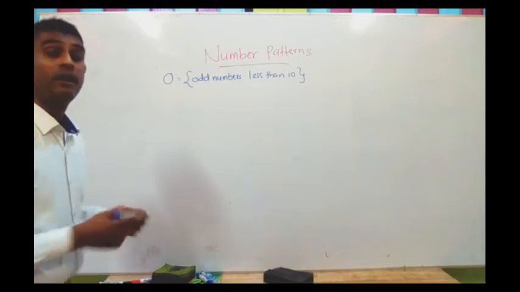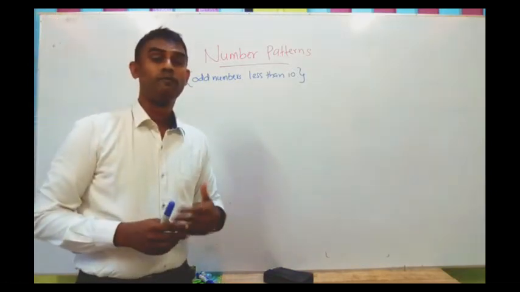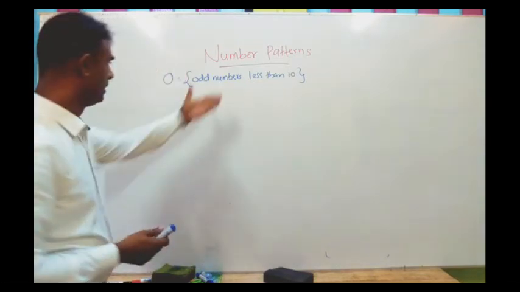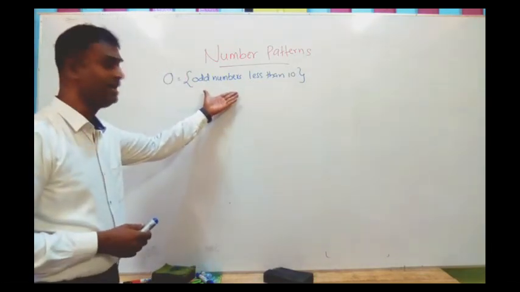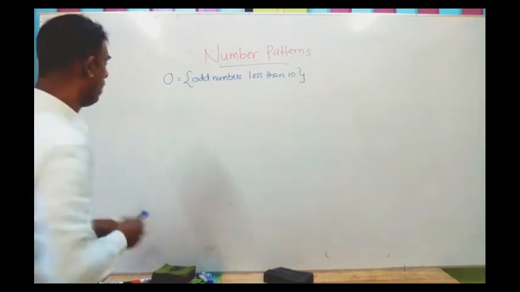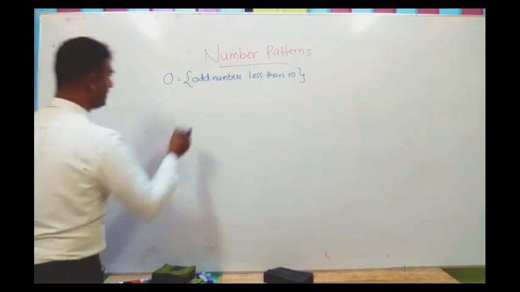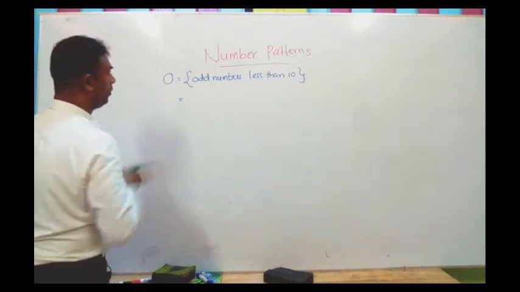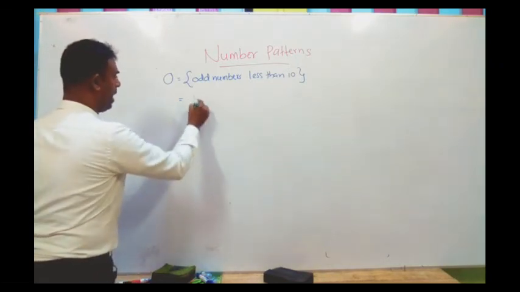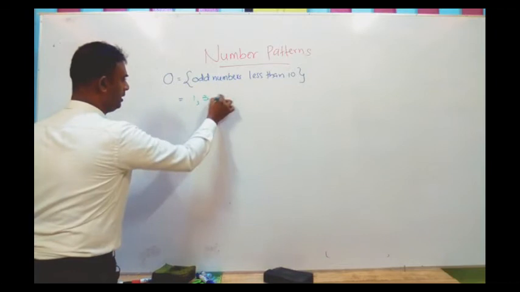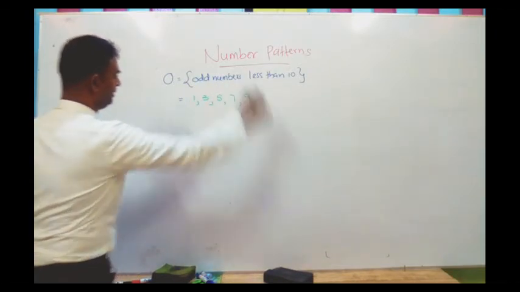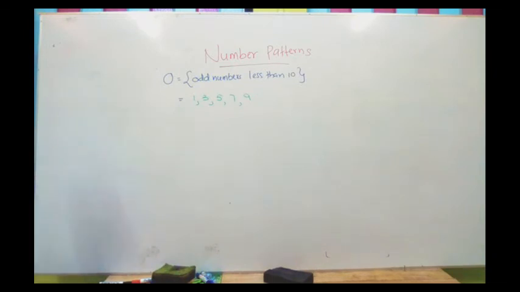Firstly, we want to present this number pattern, given as a statement, with figures. What are the odd numbers? 1, 3, 5, 7, 9.